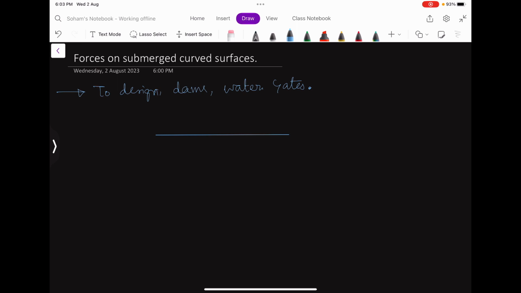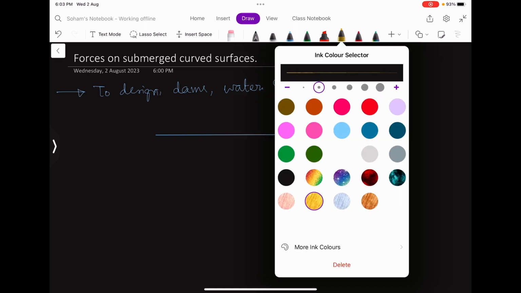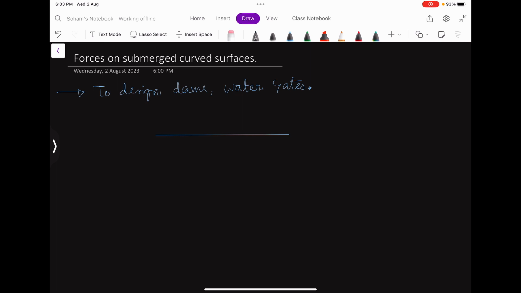So then what I can do is I can make a gate. Let me draw the gate in a wooden color. So this can be my gate, and the gate may be hinged here. I have the gate hinged here, and the remaining water is allowed to flow beneath this gate.